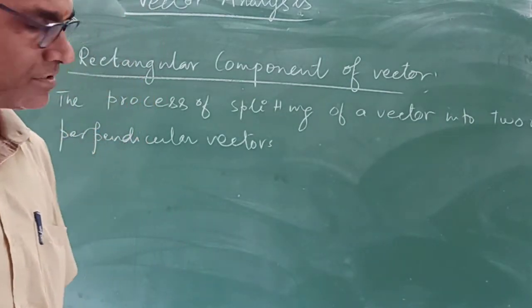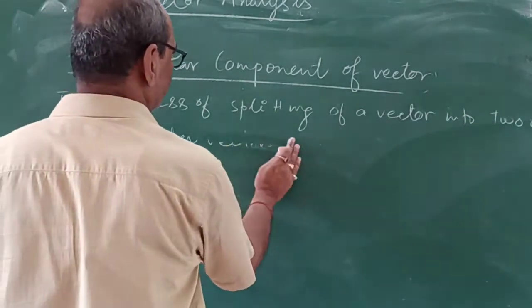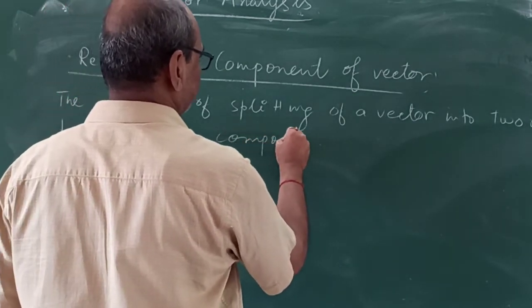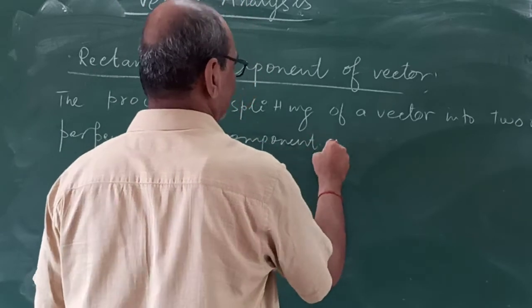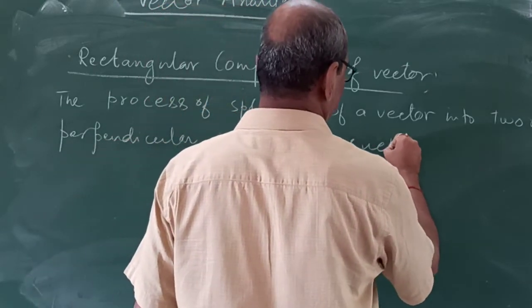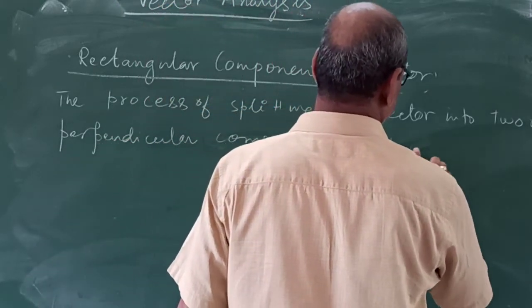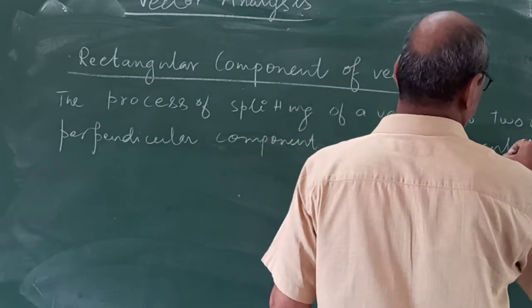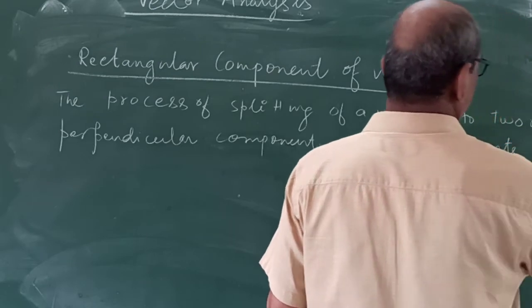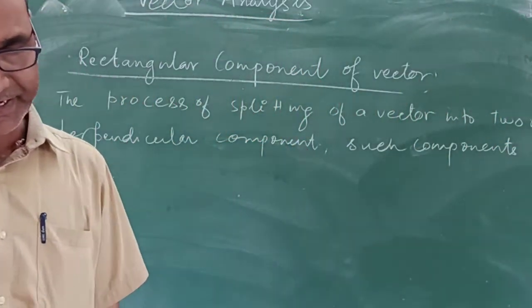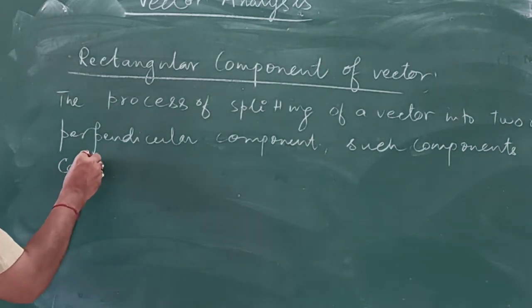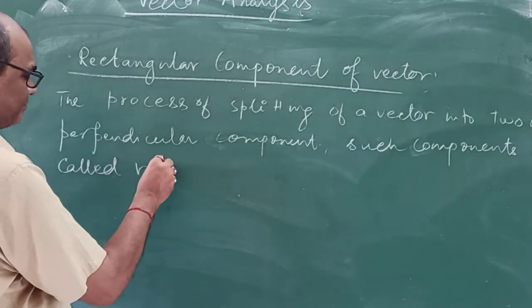Such mutually perpendicular components are called rectangular components of vector.